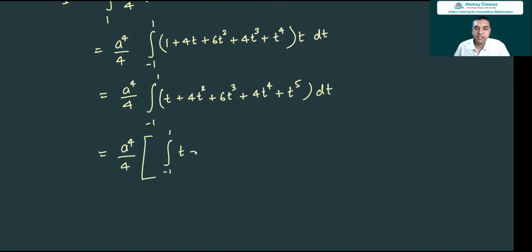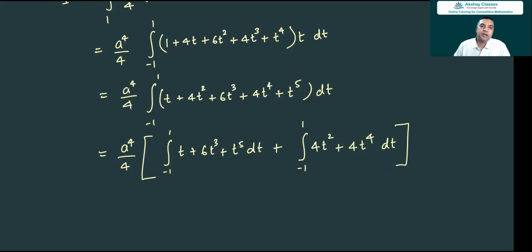The odd part is t plus 6t cube plus t power 5, and the even part is 4t square plus 4t power 4. This is an odd function and this is an even function.